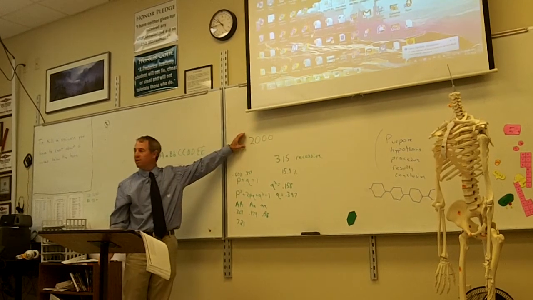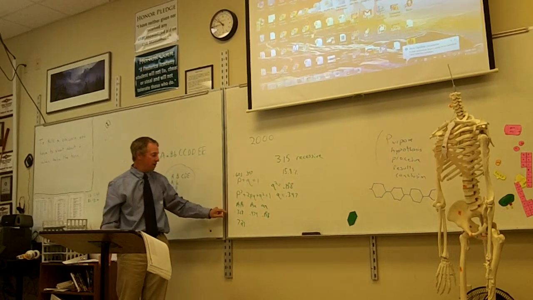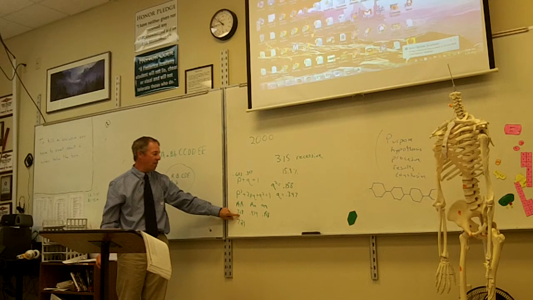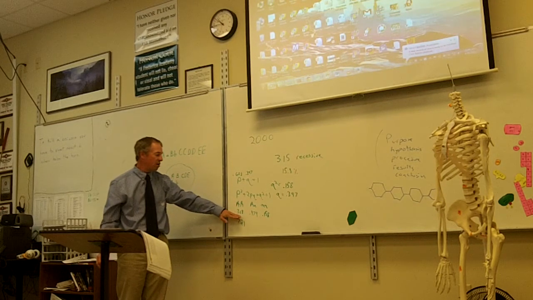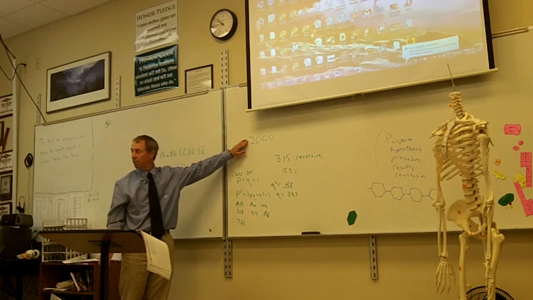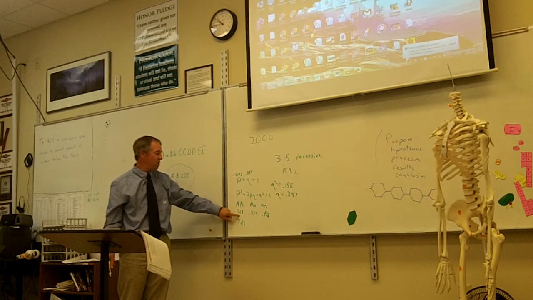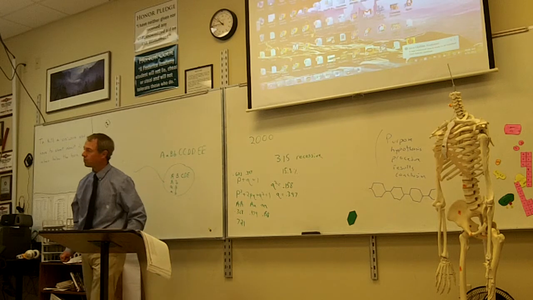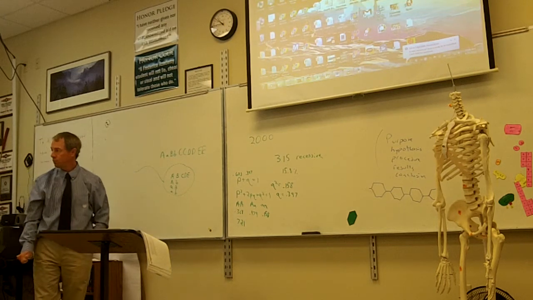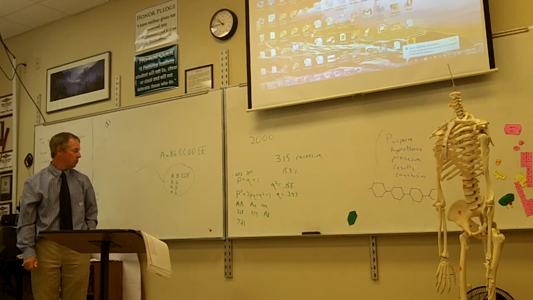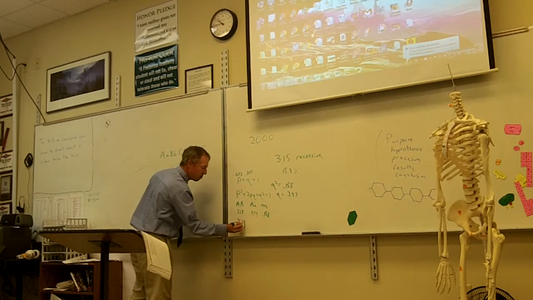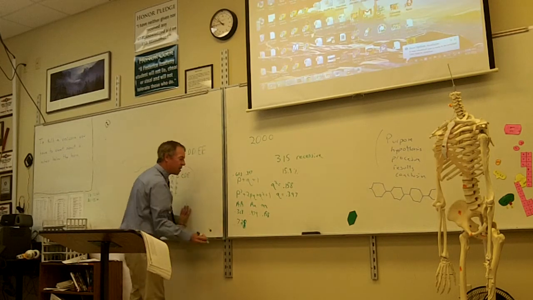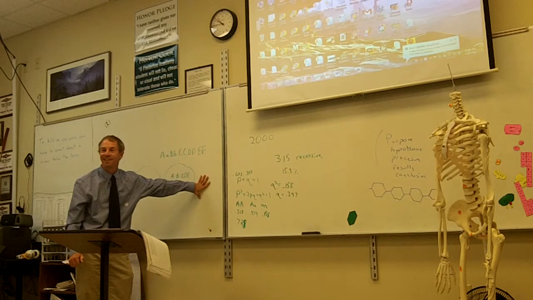Because there's 2,000 in the population. So if 36% of the population is big A, big A, you do 0.364 times 2,000 and you get the number. That's 728. Yes, 2,000 times 0.364 is 728.